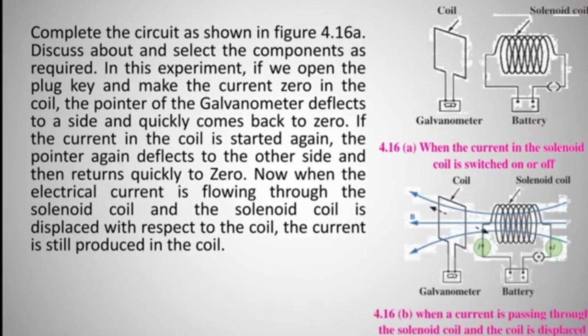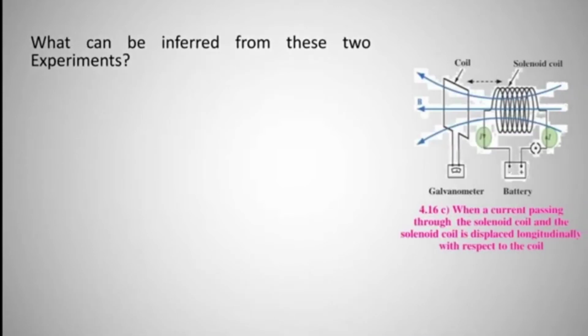Now perform two experiments as in figure 4.16b, when a current is passing through the solenoid coil and the coil is displaced. And also perform as in figure 4.16c, when a current is passing through the solenoid coil and the solenoid coil is displaced longitudinally with respect to the coil.